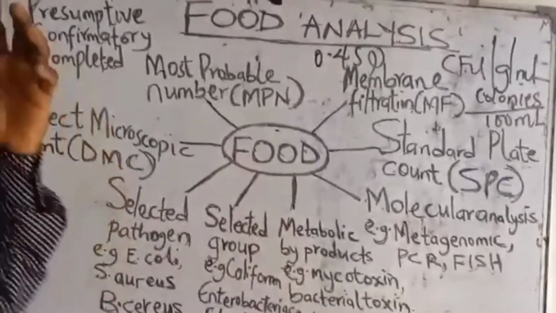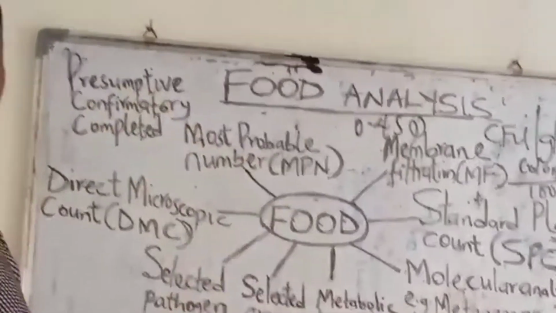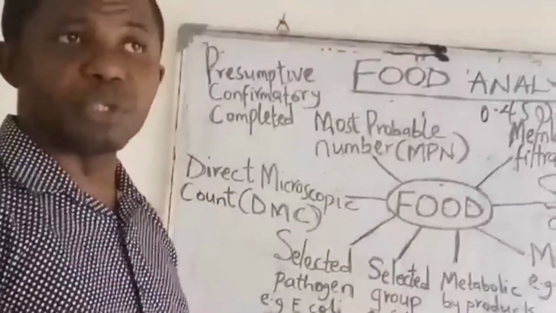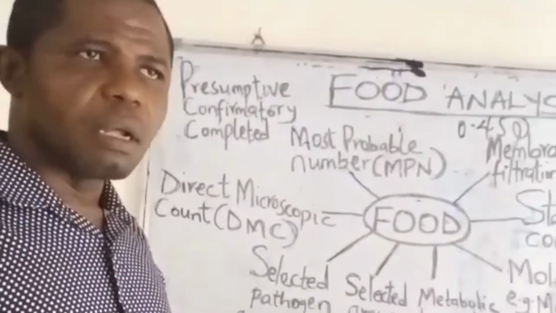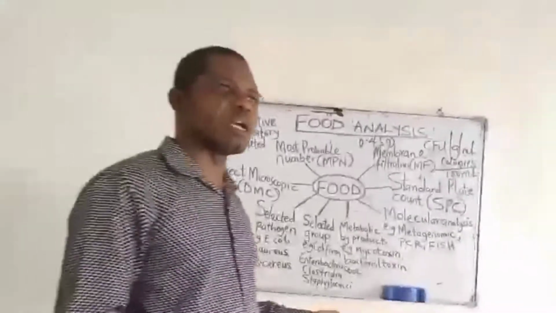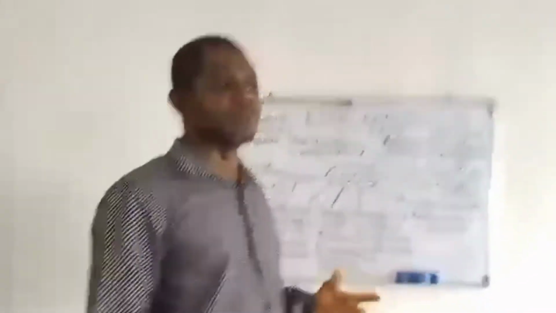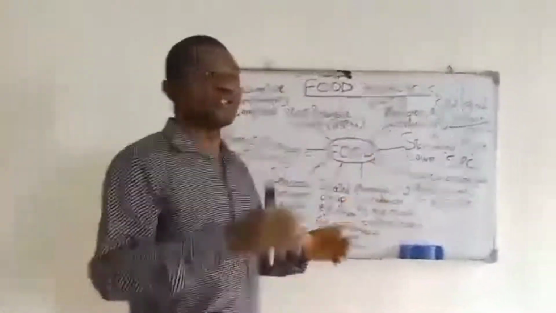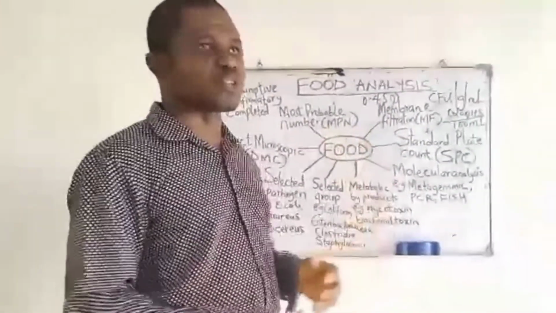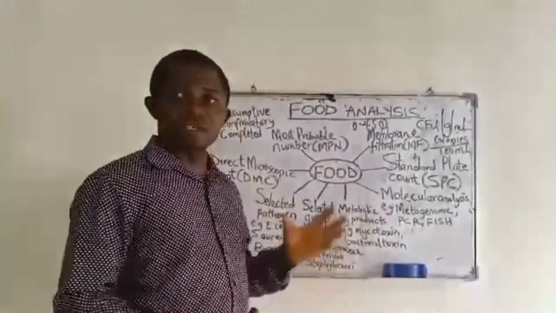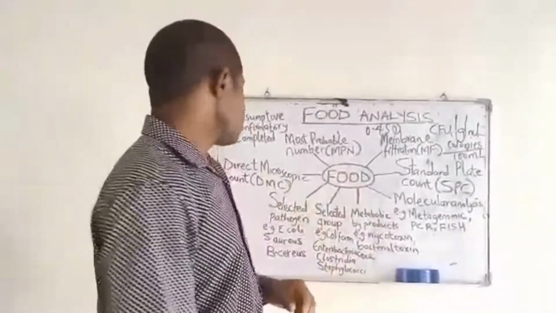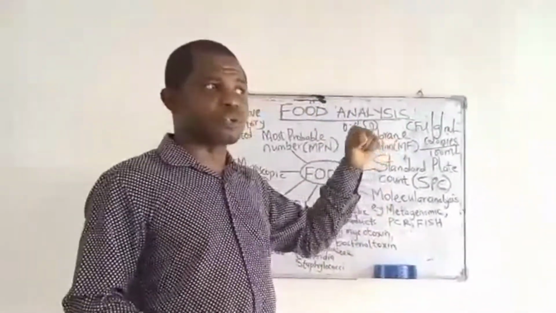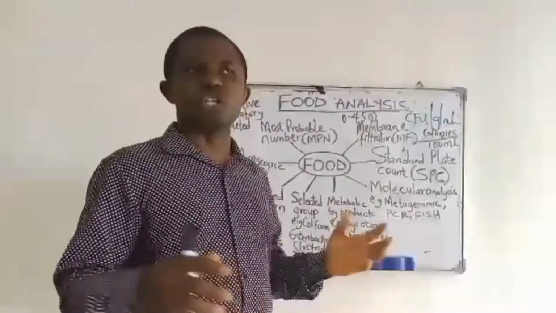So if we're using, for example, the 3-tube technique here, a suitable liquid medium is used, like lactose broth, lauryl broth, MacConkey broth, and so on. So you prepare it in double strength and what? Single strength. You sterilize and then bring it to cool. Also, the food sample, either solid or liquid, is prepared.